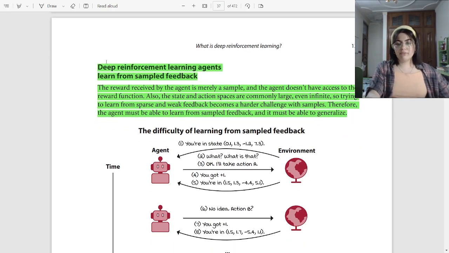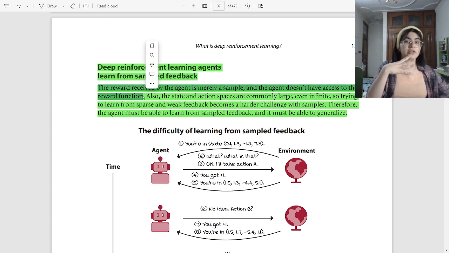So next we read about how deep reinforcement learning agents learn from sampled feedback. So we had sequential, we had evaluative, and now we have sampled. It mentions that the reward received by the agent is merely a sample, and the agent doesn't have access to the reward function. So we don't know the reward function, we just receive one sample of it.